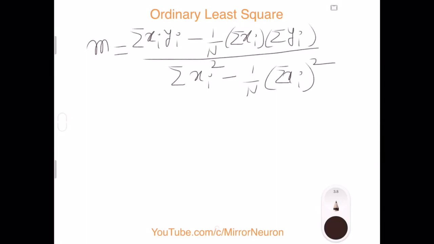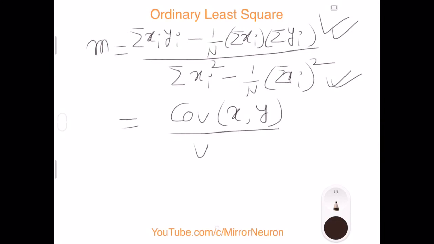This is for m. Now if you notice, this numerator is nothing but the covariance between the two variables x and y, and the denominator is nothing but the variance of x itself. So that means instead of going through this entire process of mathematical calculation, we can simply calculate the covariance and the variance of x, and we'll get the value of the slope of the straight line.